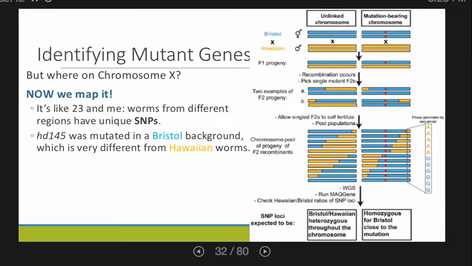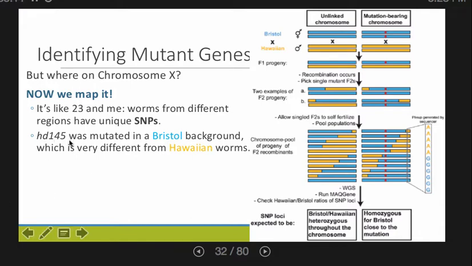They are so numerous and frequent that you can find a bunch of them by using specific enzymes. And so, through a process of seeing which regions can be digested by various enzymes, you can essentially color in the chromosomes and figure out what areas are Bristol originated and which are Hawaiian originated.